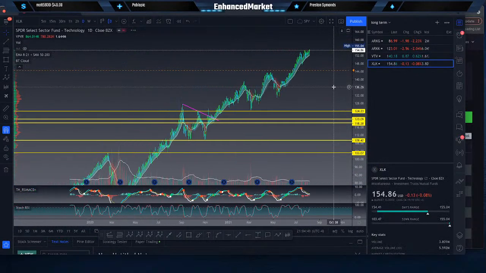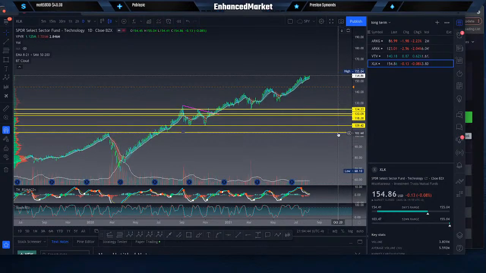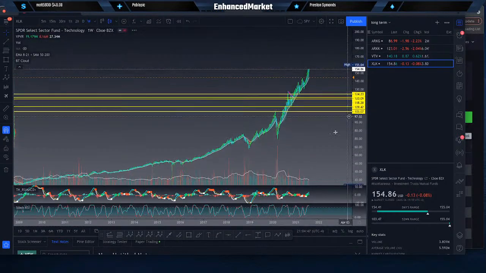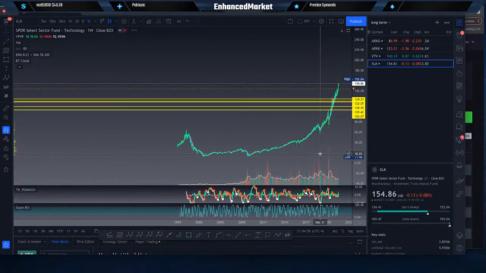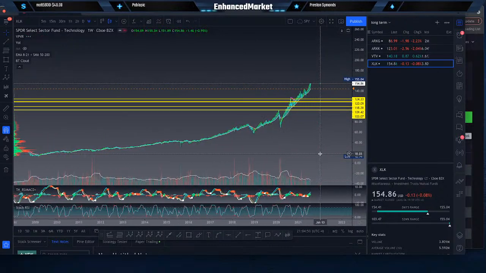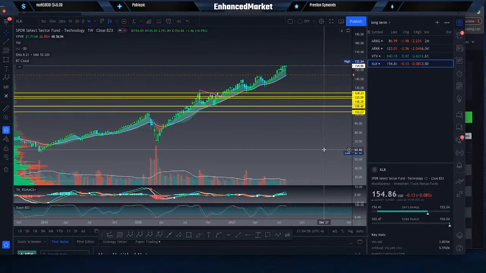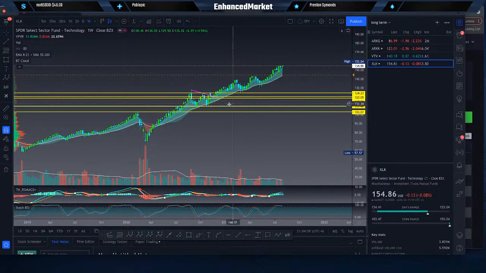XLK is another one. All right, don't even need to look at the daily, just look at the weekly. Yeah, looks pretty damn good.